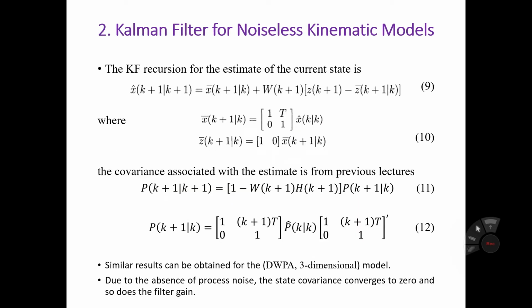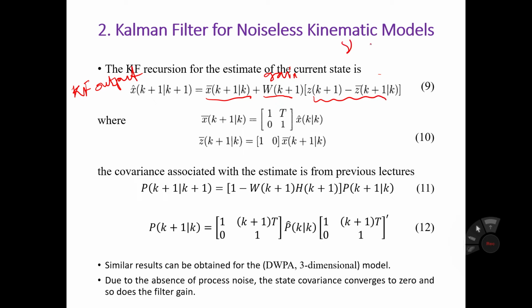How about the gamma filter for the noisy kinematic model? So this is the same. The prediction equation, this is the gamma filter recursion for the estimate of the current state. This is the gamma filter output equation. And this is the prediction from the previous scan, and this is the gain, and this is the residue, like v.